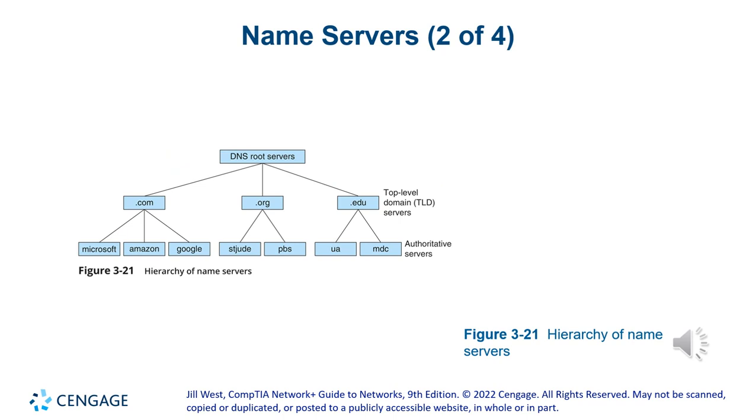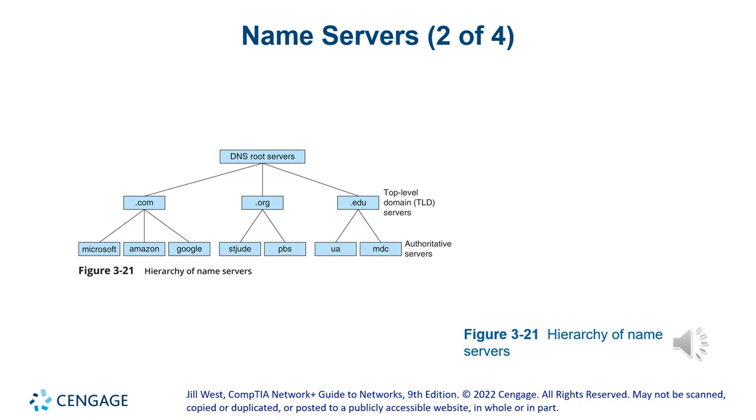Like I said before, the DNS is a hierarchical structure, and we'll show you that. The top level is called the root. Those are the ones on top. Let me show you the next slide with the structure. So right on top, you have what's called your DNS root servers, and those are the ones that have the information about the top level domains.